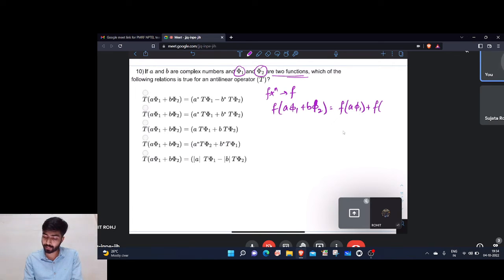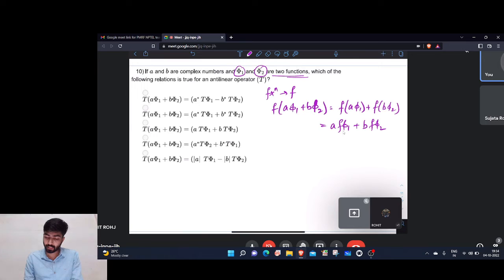That is the definition of the linear operator. If a and b are constants or complex numbers, a linear operator only works on the function and takes out a as it is outside, and works on phi1 plus b times f of phi2.